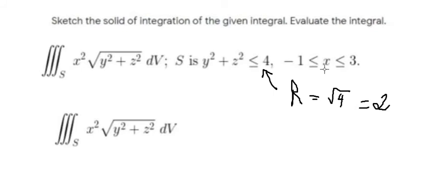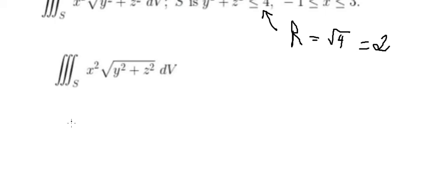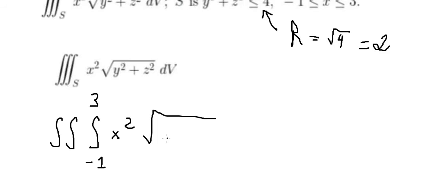So we have X. We do X first because we still have X in here. So we have the boundary. X should be from negative number 1 to positive number 3, about dy.